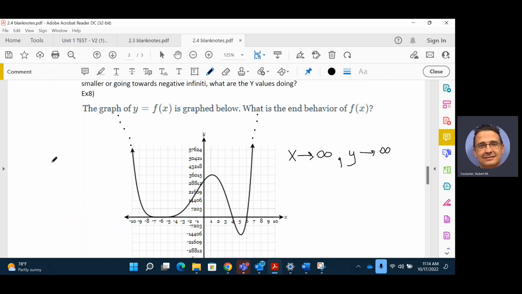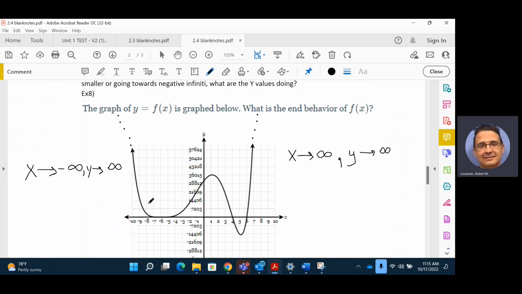On this side here, as your x's are approaching negative infinity, or your x's are getting smaller, your y's are approaching positive infinity. So as your x's are getting smaller, your y's are getting larger. On this side, as your x's are getting larger, your y's are also getting larger. You read the graph and it tells you what to look for.